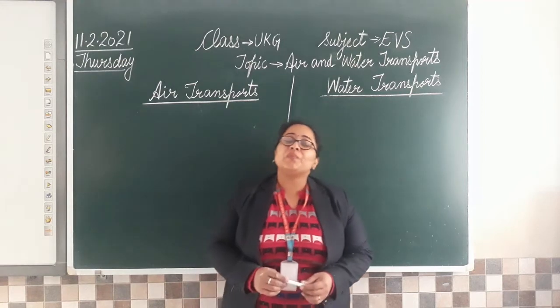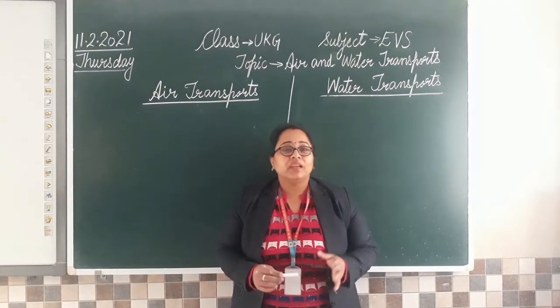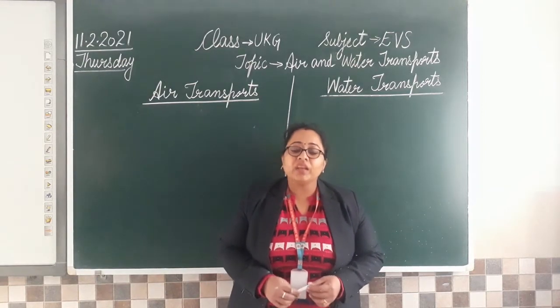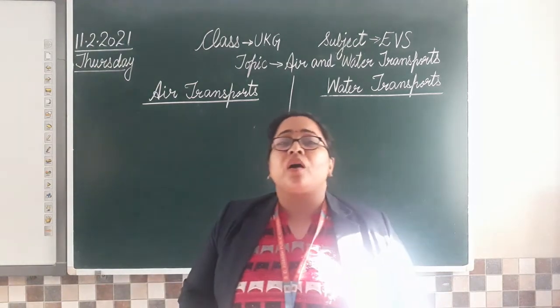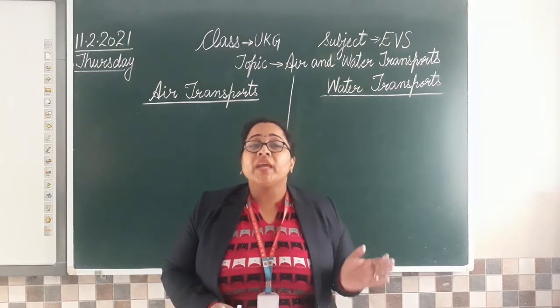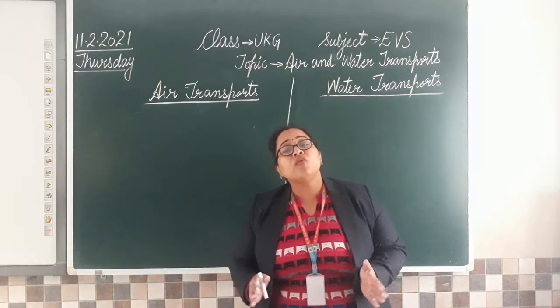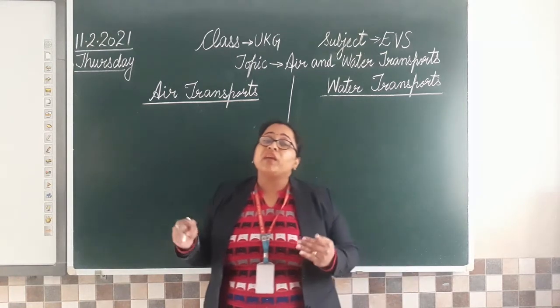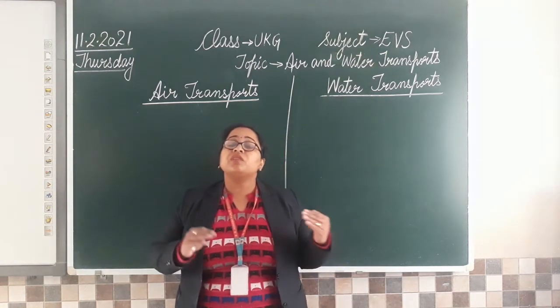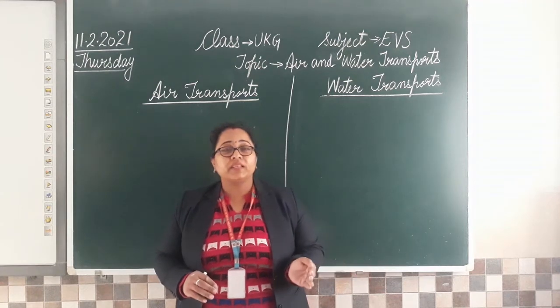Now we are going to begin with our today's EVS class. In the previous class, we have learnt about different vehicles that move on land, that is on the road, and we have written the name of those different vehicles, isn't it?